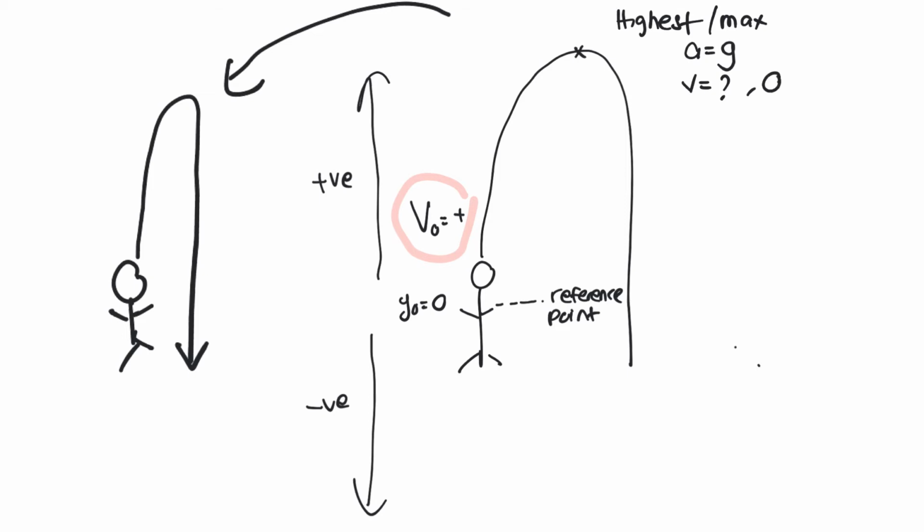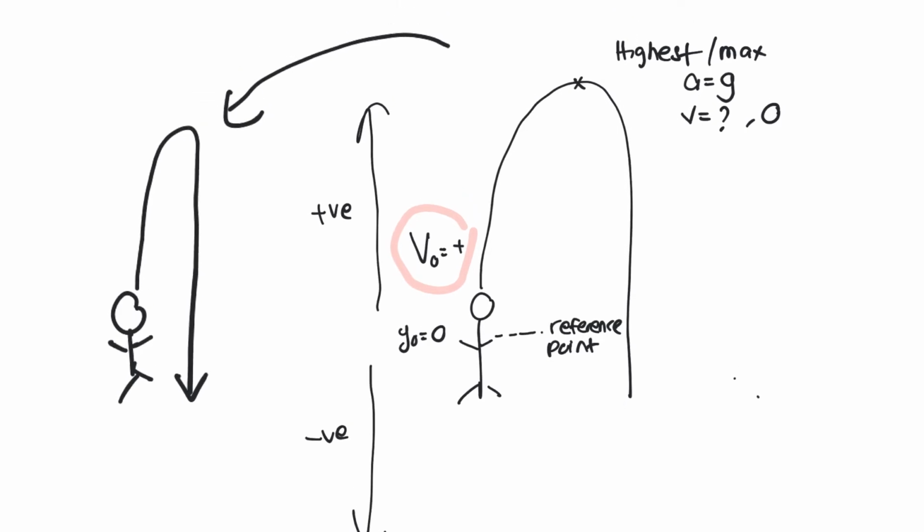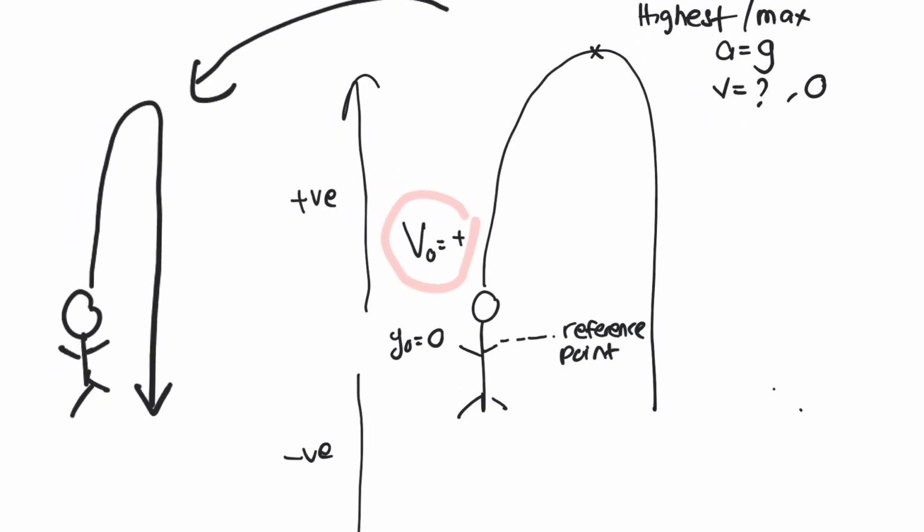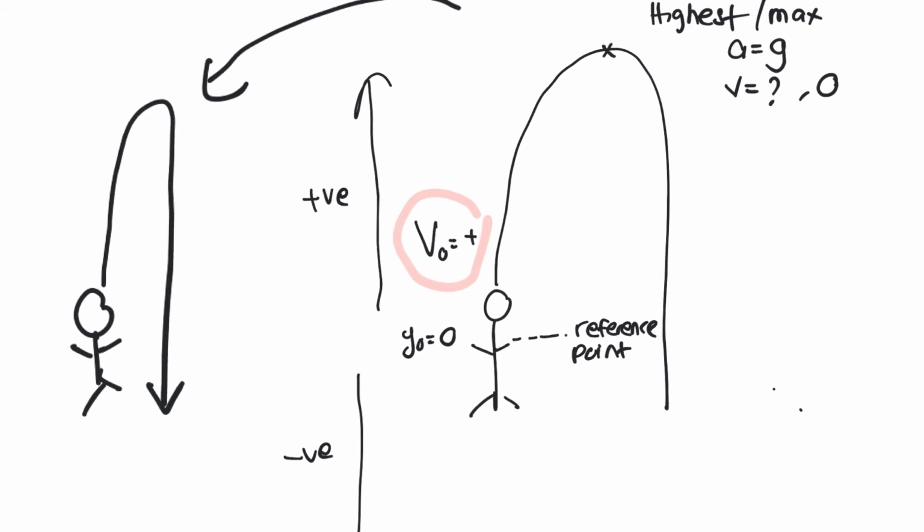Why? Because if you expand this picture a little bit, you can see that at the highest point it's moving like this, which means that at this particular point the only thing it has is vx, because you can see that it moves in the horizontal direction. So your vy here is going to be 0. Now we are talking about free fall.